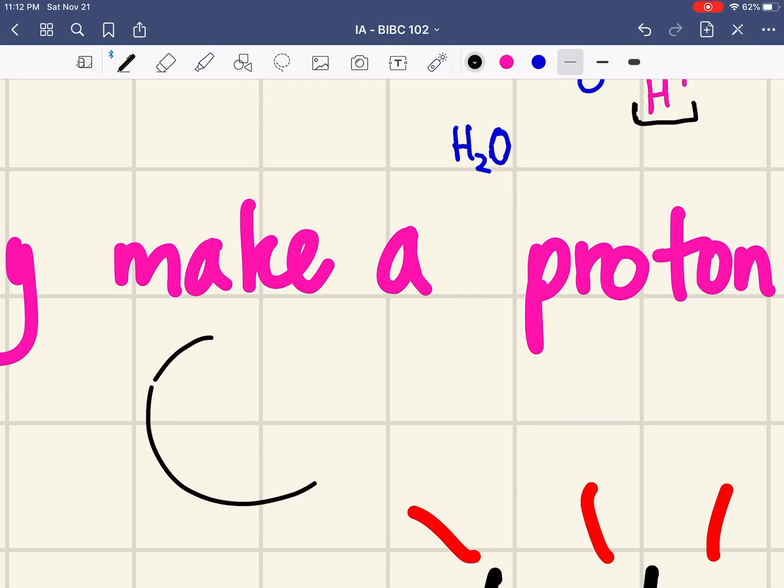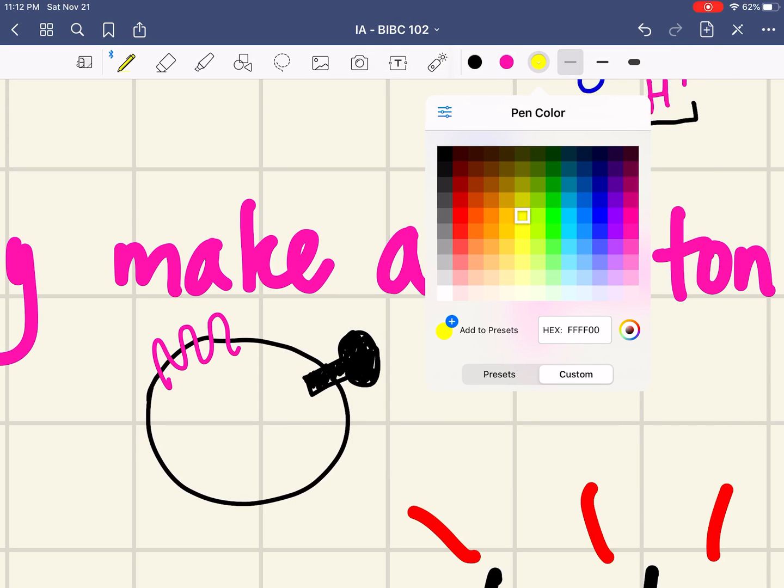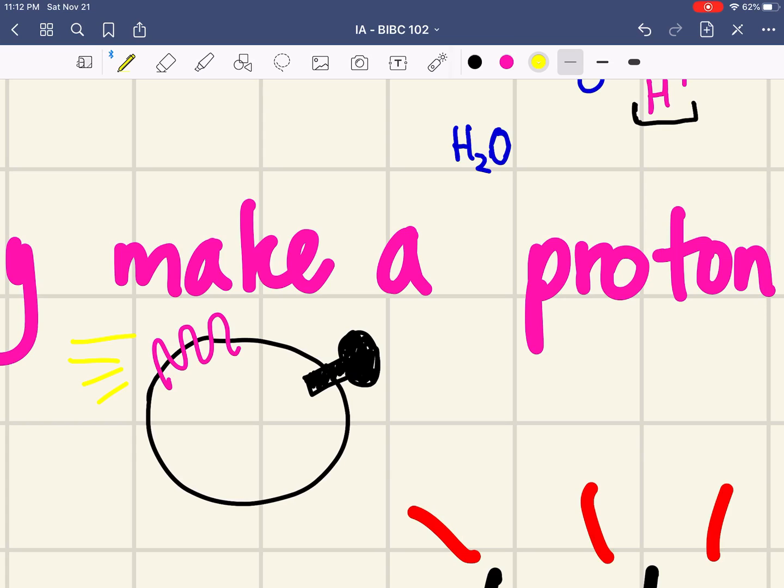In that specific experiment, we had ATP synthase like this, and then we had bacteriorhodopsin, and when we shine light, then protons are pumped into here.